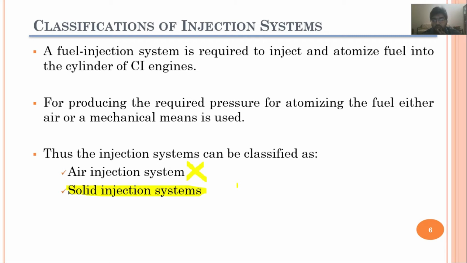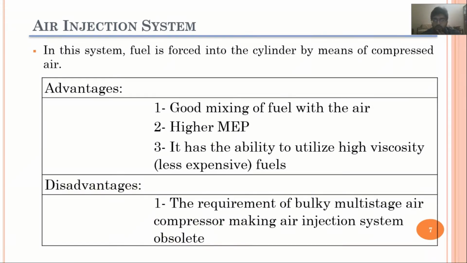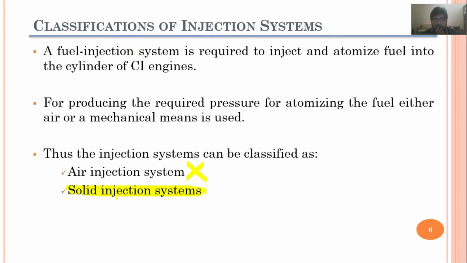Therefore, because of these large compressors, the size of the engine has drastically increased. That's why these air injection systems are obsolete and solid injection systems are most commonly used. We will just go through a brief introduction of the air injection system before moving towards the solid injection systems.